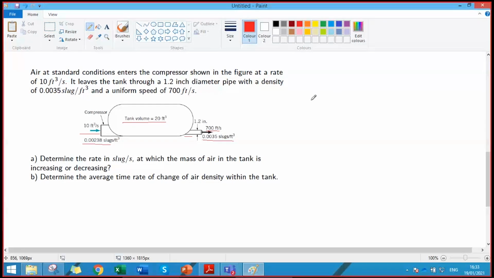सर हम कंटिन्यूटी इक्वेशन अप्लाई करेंगे. We will apply the continuity equation.